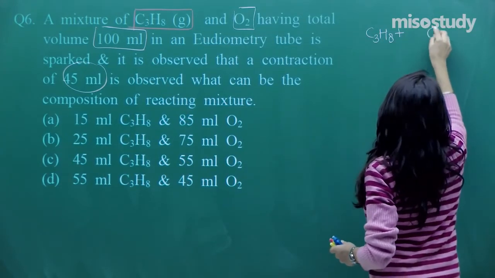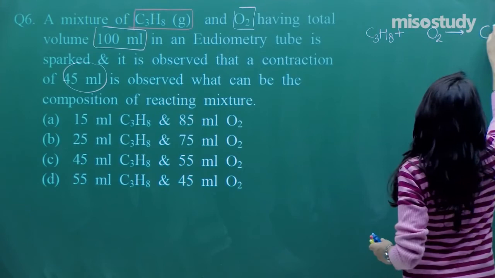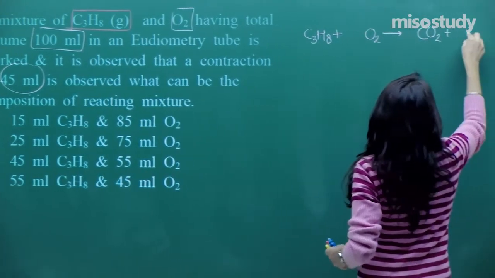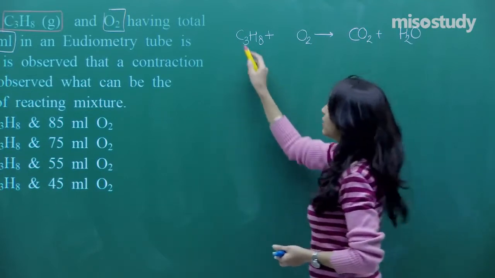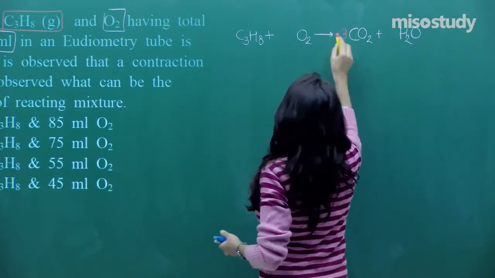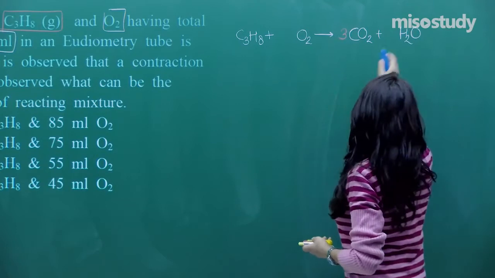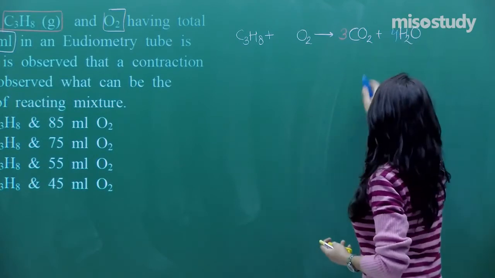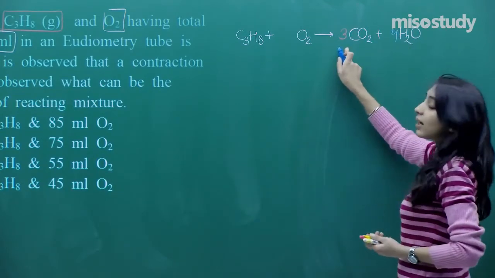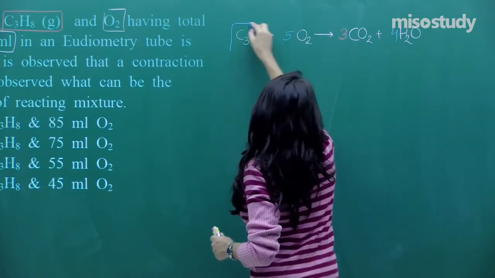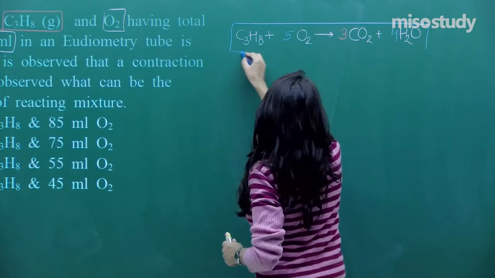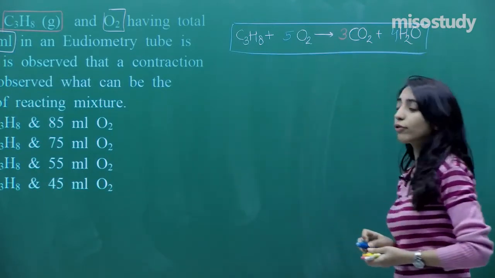C3H8 plus O2 to form CO2 plus water. 3 carbon atoms, 3 carbon atoms. 8 hydrogen atoms, 8 hydrogen atoms. 4 plus 6, 10, that means 5 O2. So this is the final balanced chemical equation.